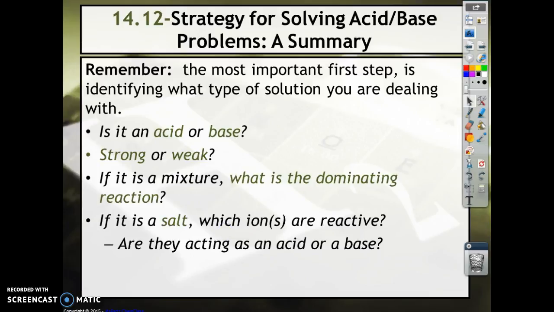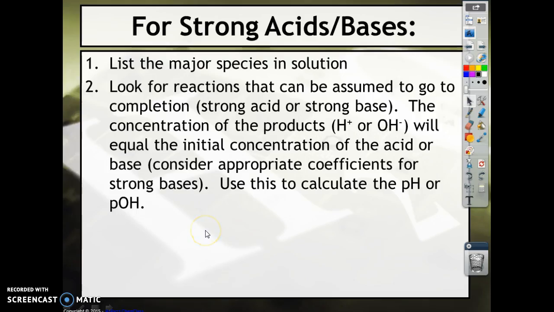If you have a salt, determine which ions are reactive and what they're acting like, and use your question to help you with this, because it'll give you hints. Then if you have a strong acid or base, first determine what is contributing the most to your major species, and use that to calculate your pH or pOH by doing the negative log of that.